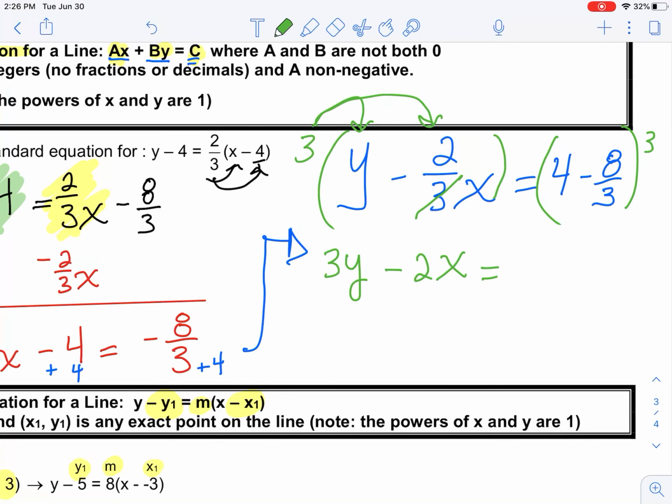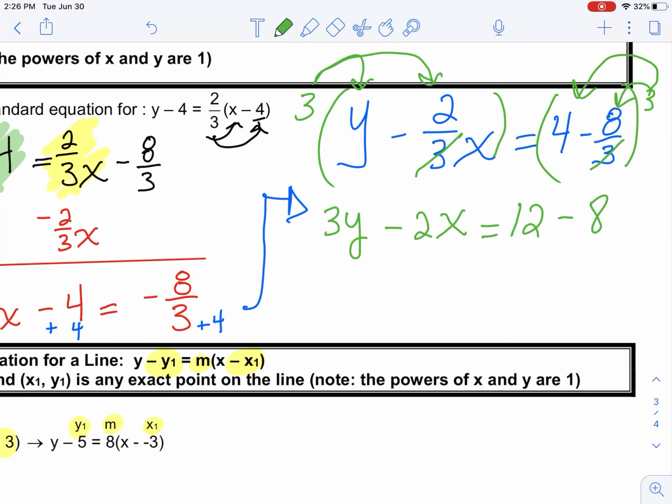So you're going to get negative 2x, and now here, technically I do need to distribute, okay, and then when I distribute here, the 3's cancel out, and you're left with a negative 8. So I apologize in advance, not clarifying that in the beginning. I should have done it.